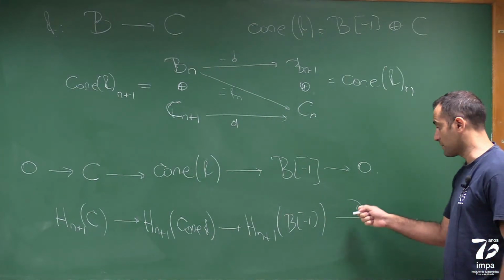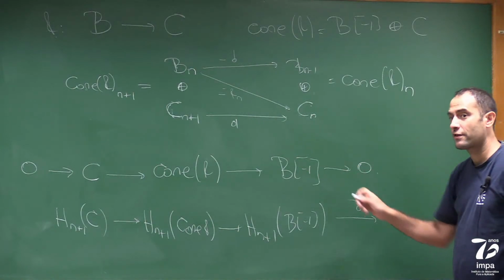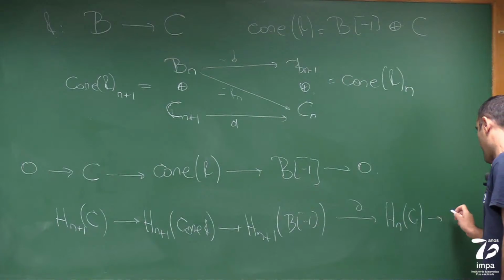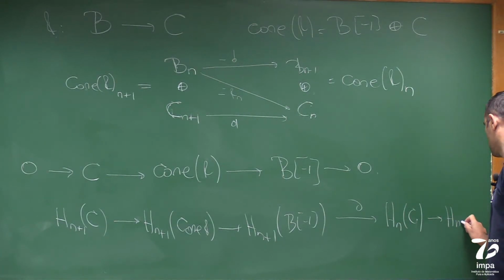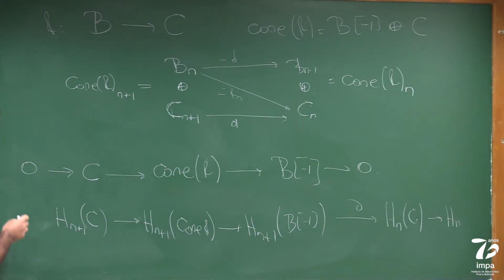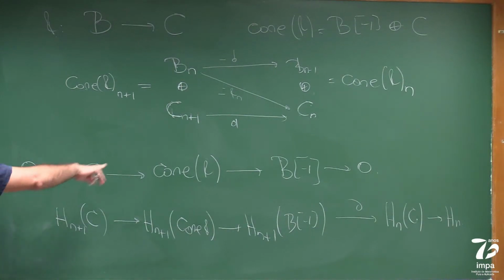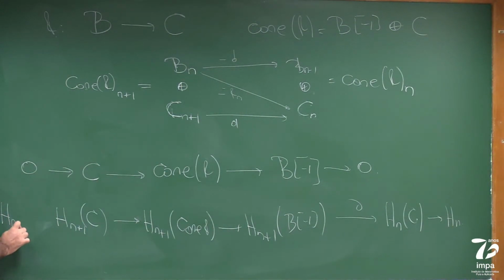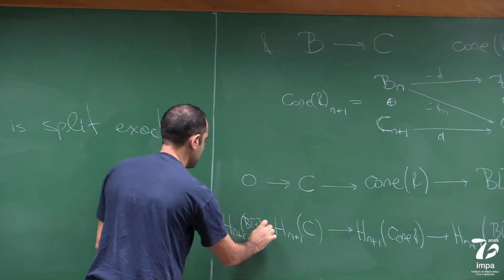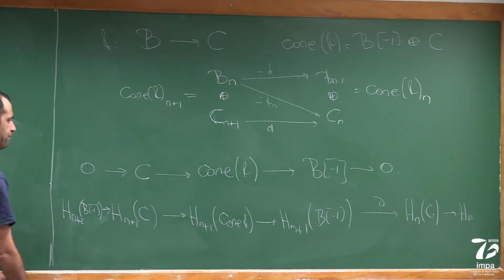And we constructed this explicitly, this connecting homomorphism to the nth homology of C. Let's write something. I think I always get this wrong on where I should start. So instead of continuing that way, let's start here from the n plus 2 homology of B shifted by -1, and so forth. So those are the connecting homomorphisms.